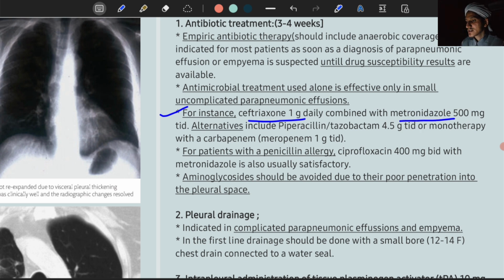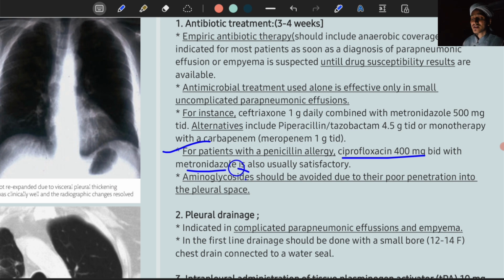Alternatives to that: piptaz 4.5 three times daily, or a carbapenem like meropenem 1 gram three times daily. If the patient has penicillin allergy, then you can give fluoroquinolones plus metronidazole, ciprofloxacin BD with metronidazole, IV.